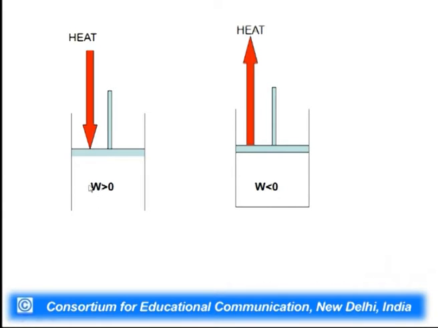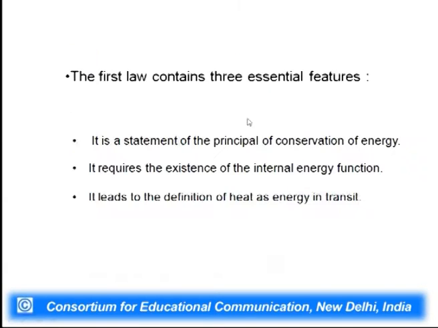So, in this case Q will be greater than 0. We supply heat, internal energy increases, and Q will be given a positive sign. When we do the opposite, heat is given by the system to the surrounding, it flows out from the system. In that case, heat will be given a negative sign.